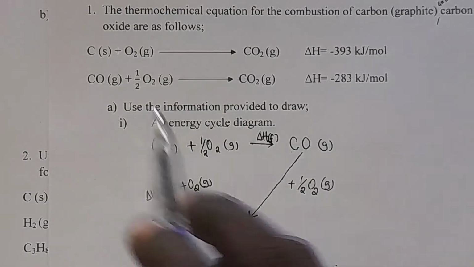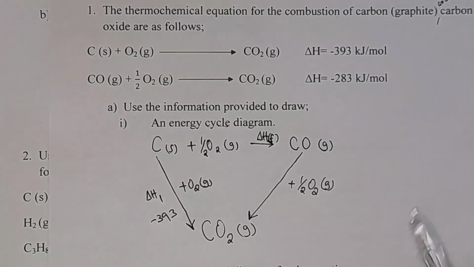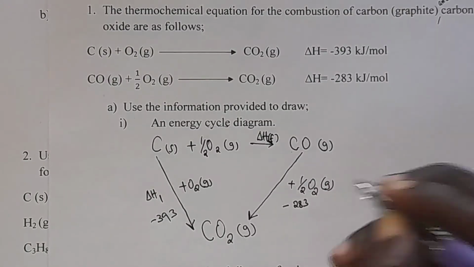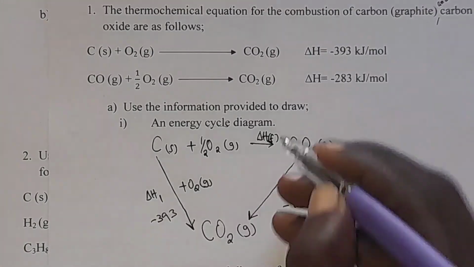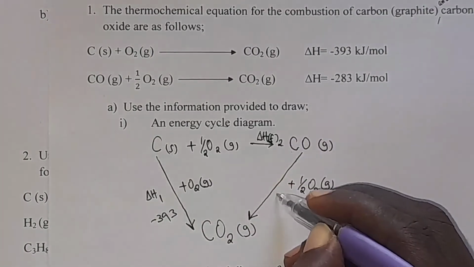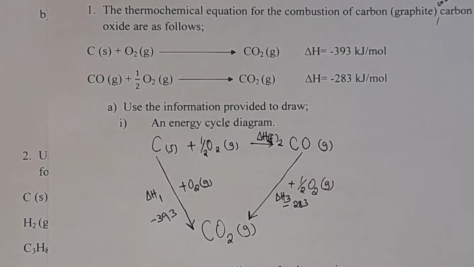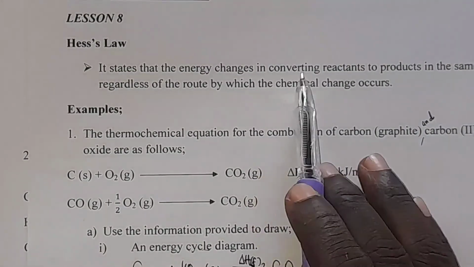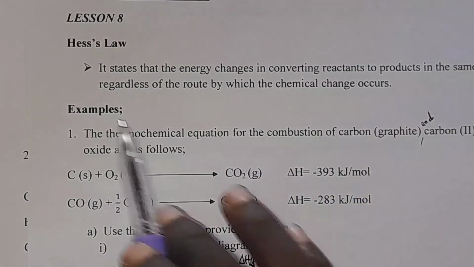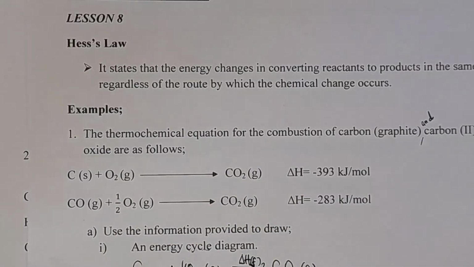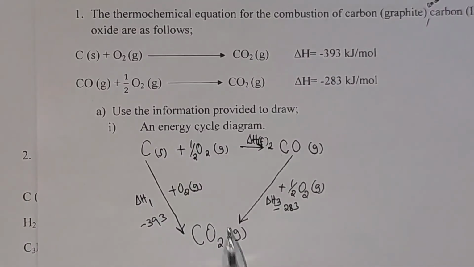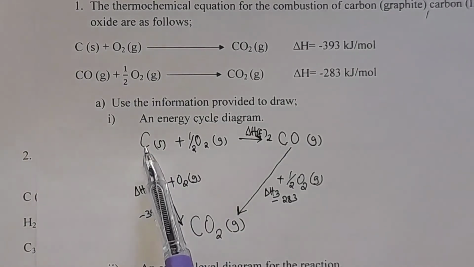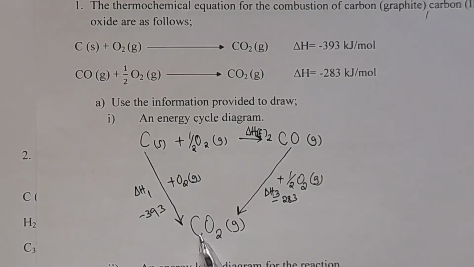So on this other side, carbon 2 oxide reacting with half oxygen gas, we are given negative 283 kilojoules per mole. So if we take this one as enthalpy change 1 and this one as enthalpy change 2, and we take enthalpy change 3 here, what does Hess's law state? Hess's law states that the energy change in converting reactants to product is the same regardless of the route by which the chemical change occurs. So in our case, we have two routes of obtaining carbon dioxide. One route is carbon reacting with oxygen, giving you carbon dioxide.